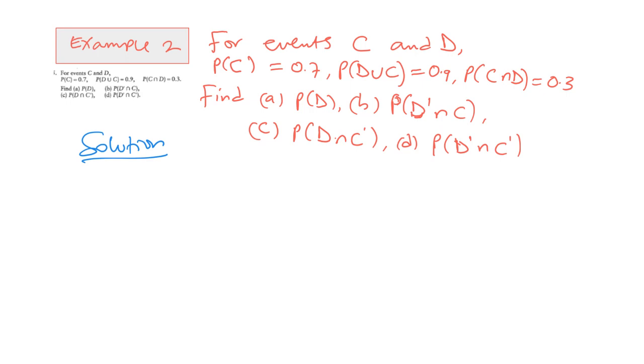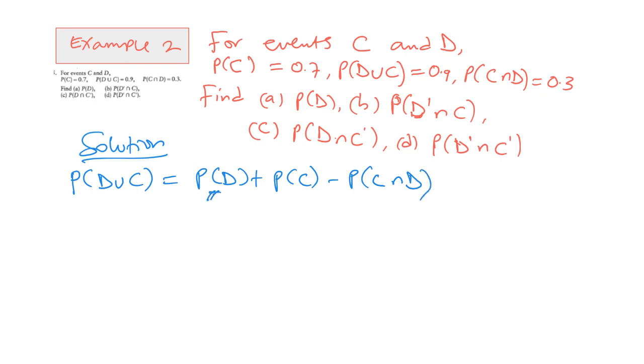From the information that we have been given, we can always find the probability of D. We know that probability of D union C is probability of D plus probability of C minus probability of C intersection D. So we are looking for probability of D here, and if we substitute, D union C, 0.9, equals probability of D, which is what we are looking for, plus the probability of C, 0.7, minus the intersection C intersection D, which is 0.3.